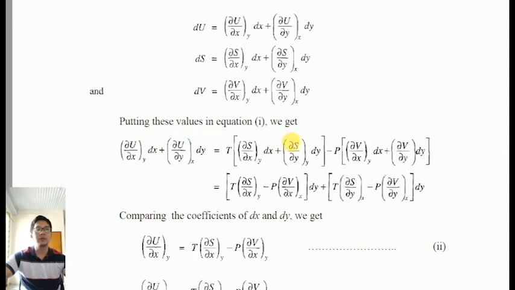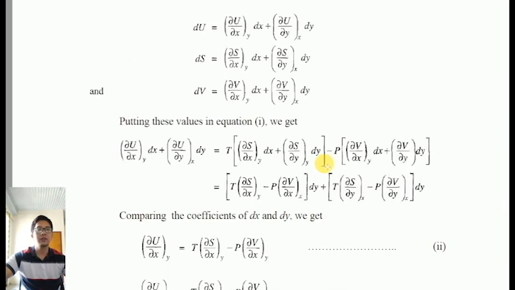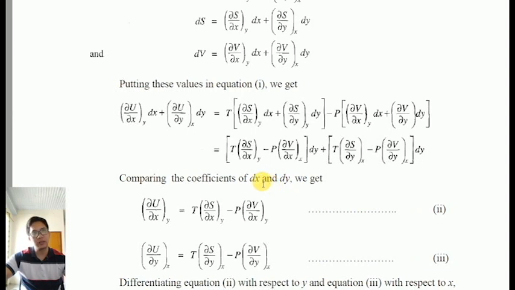Now putting this value in equation 1, let me remind you this equation: dU equals TdS minus PdV. So dU equals T into dS minus P into dV. Now we are compiling these together. Here we have dx and dy terms. Putting the dx parts together and the dy parts together.